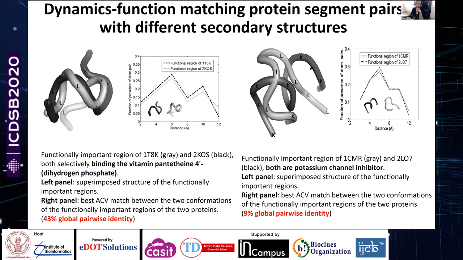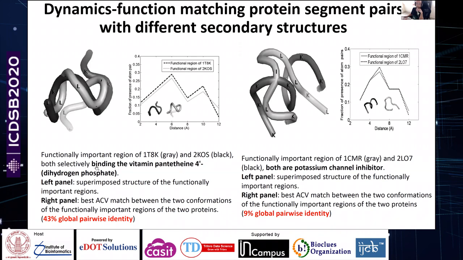Only in one section of the structure, where the autocorrelation vector matches, you can see that this is the most important region due to which this potassium channel inhibitor is working. The secondary structure is helical here, and this is a loop. But apart from this match, there's nothing else that will suggest that these two are potassium channel inhibitors.